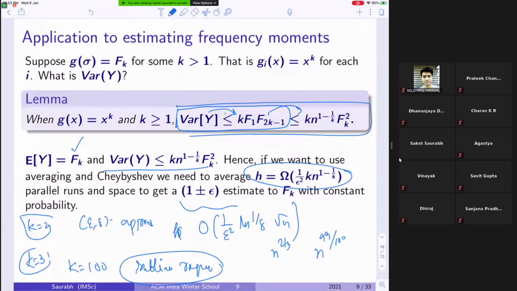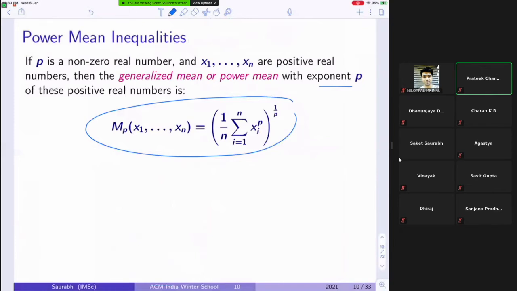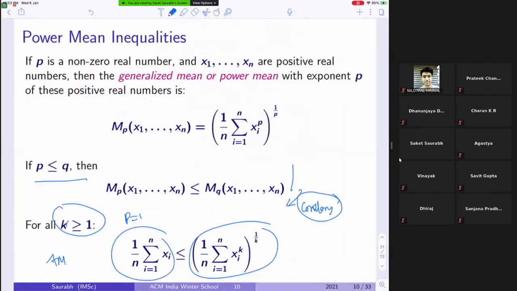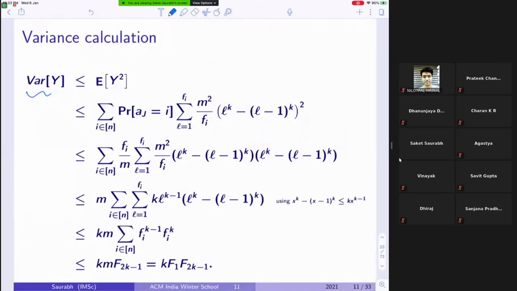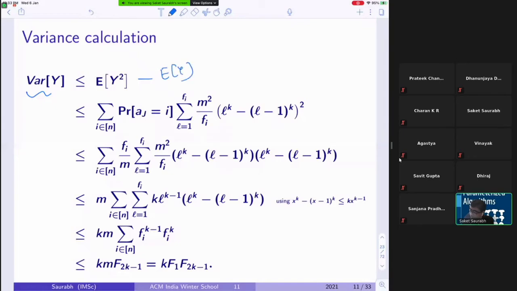So we have achieved the first inequality, but why this is bounded by k n to the power 1 minus 1/k times Fk square is not yet clear. Is that fine? Now, all I computed is the expectation of y square. But we were interested in computing the variance of y, which is the expectation of y square minus the expectation of y whole square.